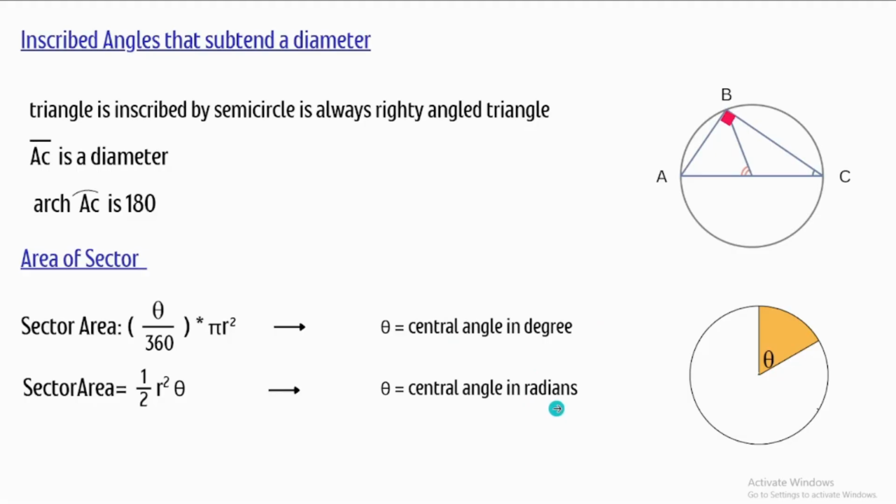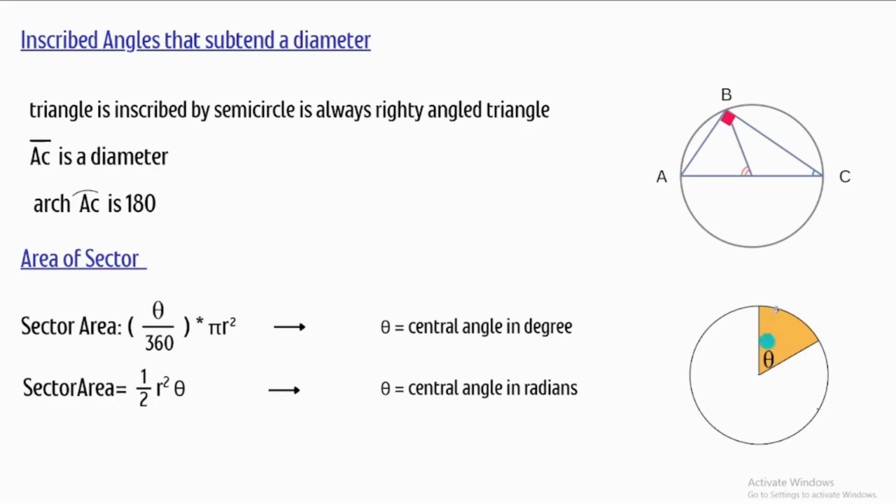Degree is as we always do, when we use a protractor and measure the angle. We said this angle is 30 degrees. Degree is the standard measure we use to measure angles. So the sector area, when we measure in degrees, is theta over 360 times pi r squared.